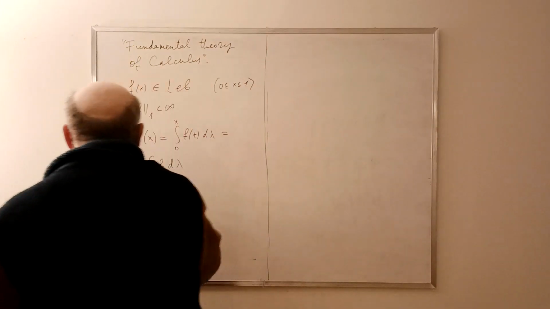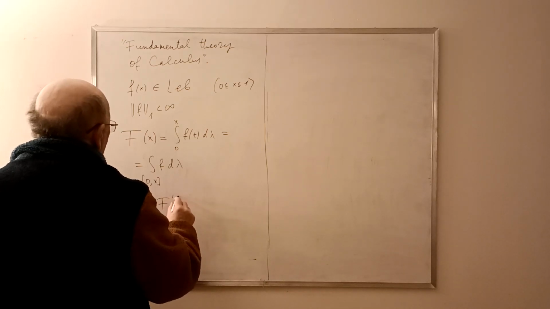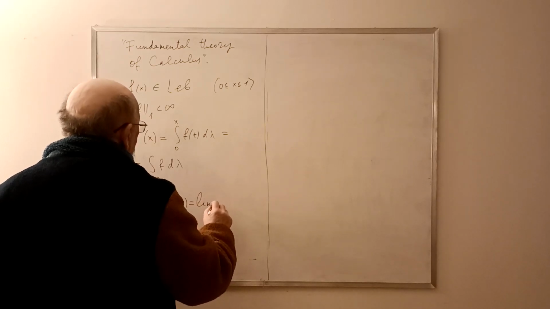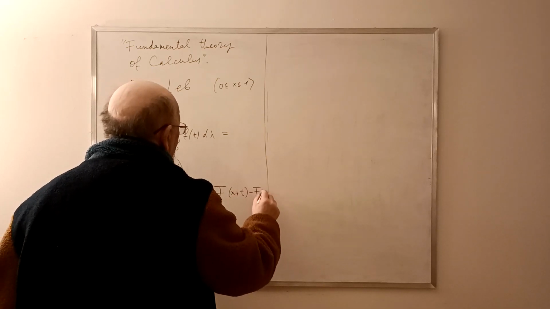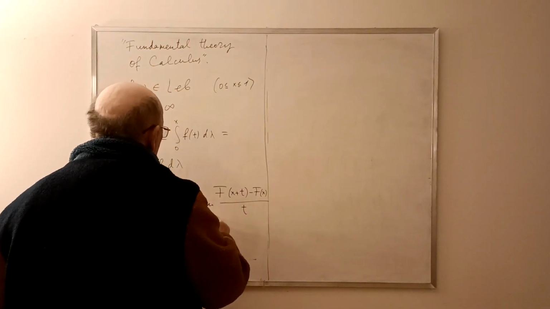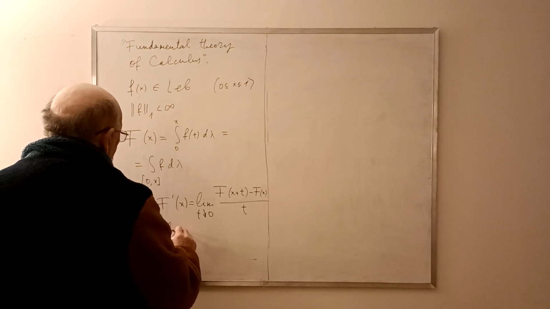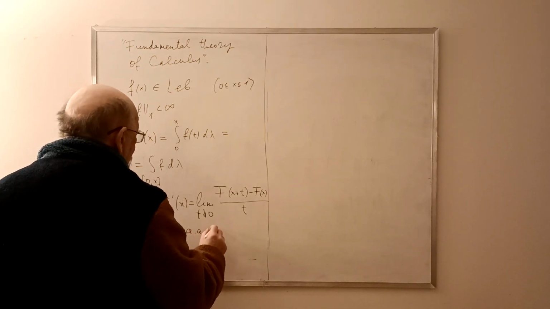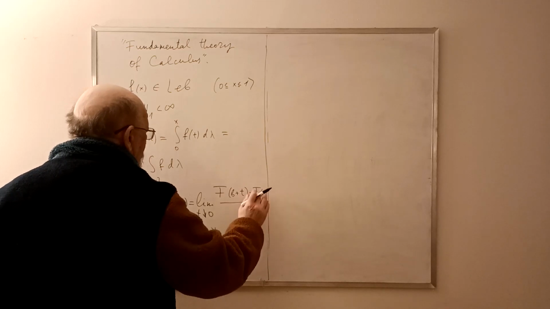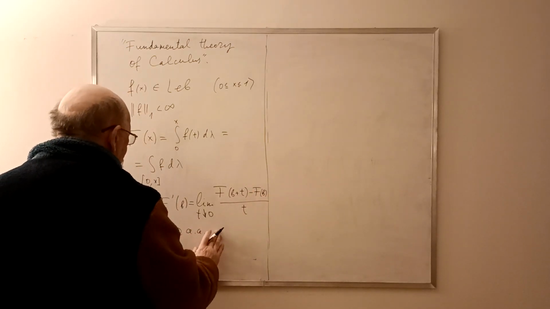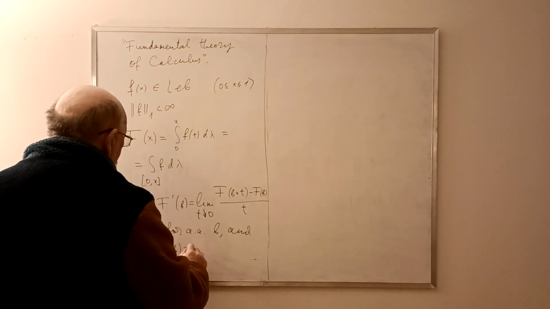And the theorem: F prime of x equals the limit of F(x plus t) minus F(x), divided by t, when t goes to 0, exists for almost all b, and F prime of b equals small f of b.